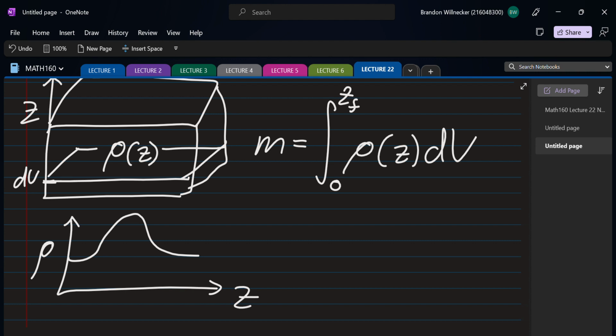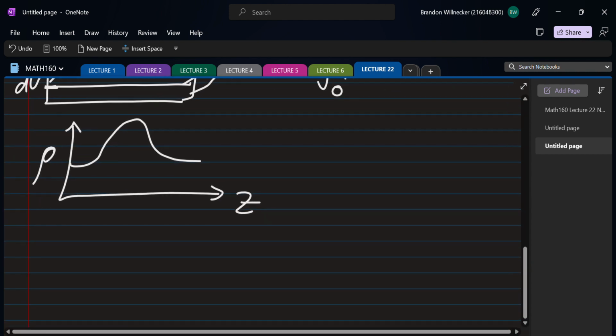Then as you move across, maybe you go into a different material with a higher mass, so the density goes up. And then after that point, you move into another material where the density goes back down, just as an example. So the density changes across, which means the mass also changes across.